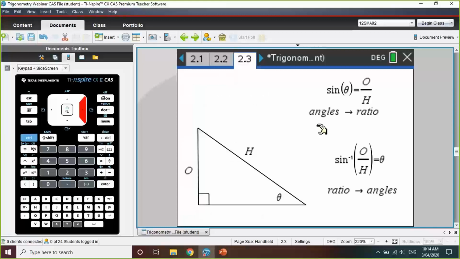So another way to think about it is if we take a step back to Year 9 SOHCAHTOA, Year 9 trig. So if we think about sine, right angle triangle, sine is opposite over hypotenuse. And then if we want to find this angle back in Year 9, we take the inverse sine of opposite over hypotenuse. So in particular, one way you can think about it is the sine function is taking angles and giving you a ratio as an output. It's like sine of pi over 6, sine of pi over 3, sine of pi over 2.